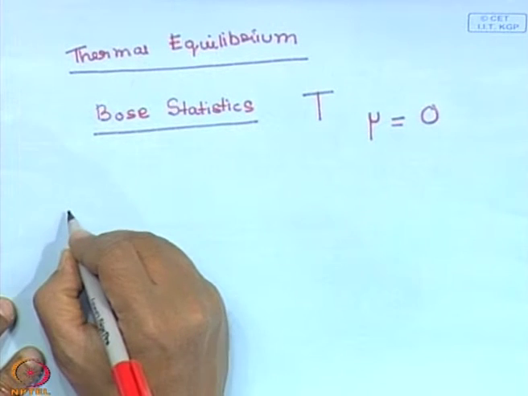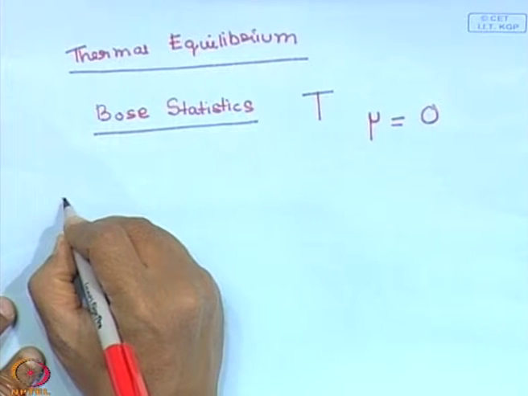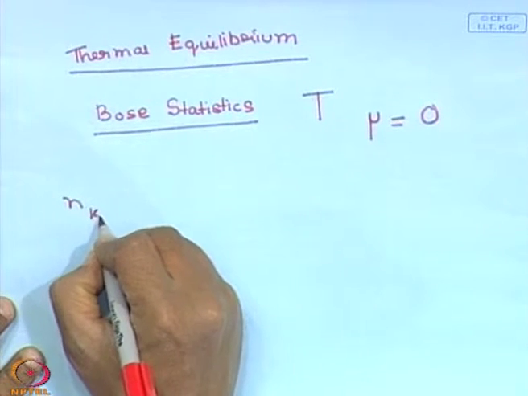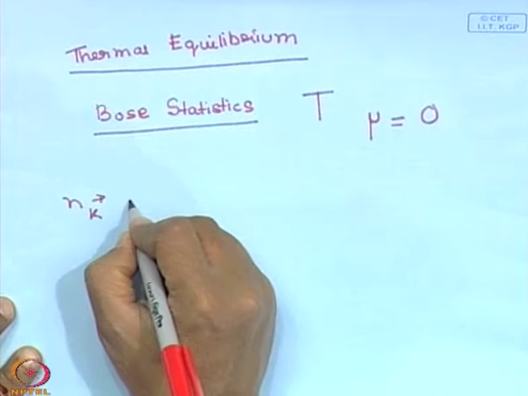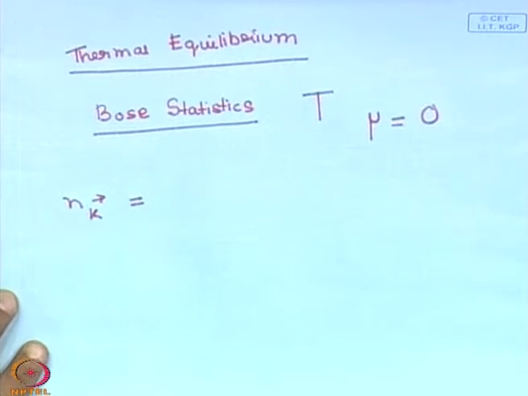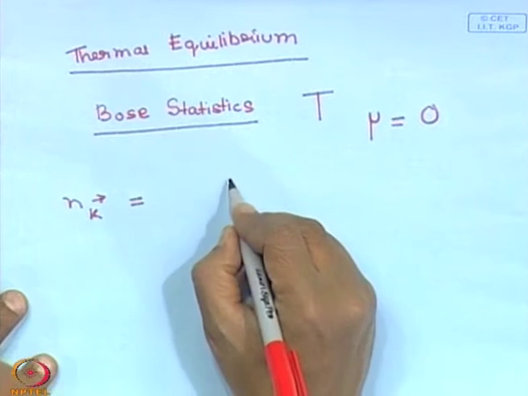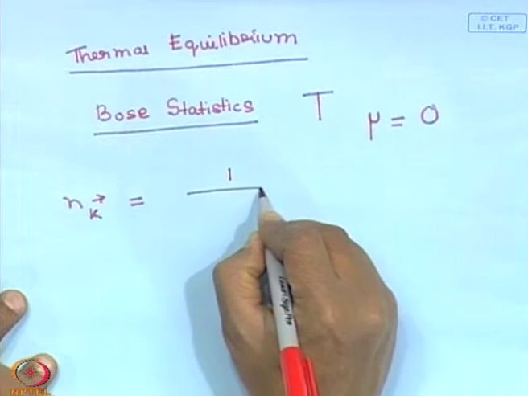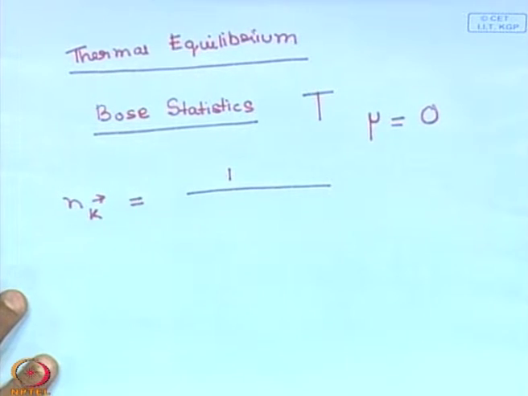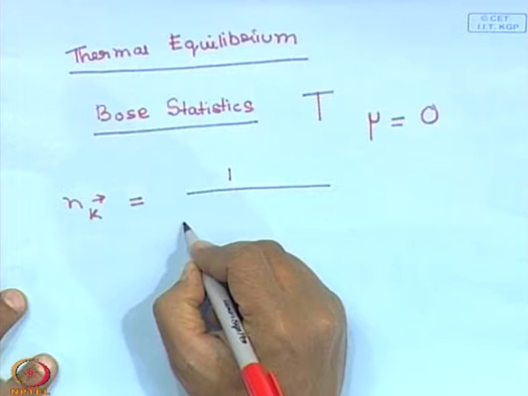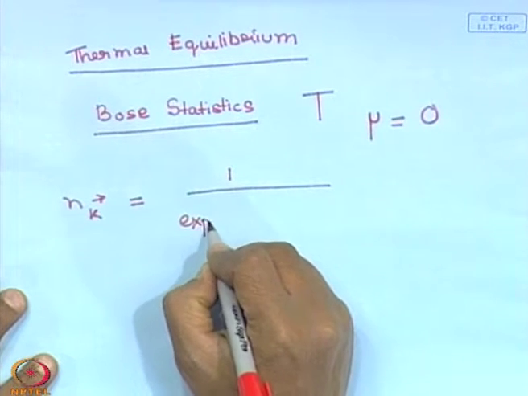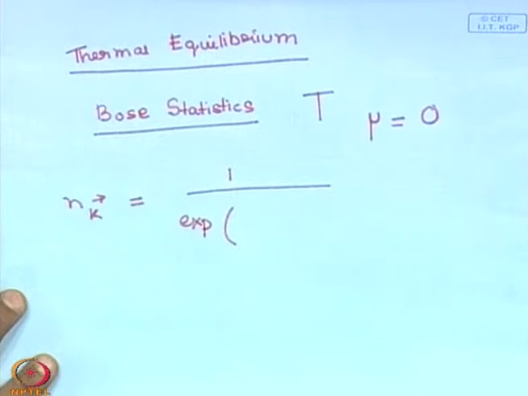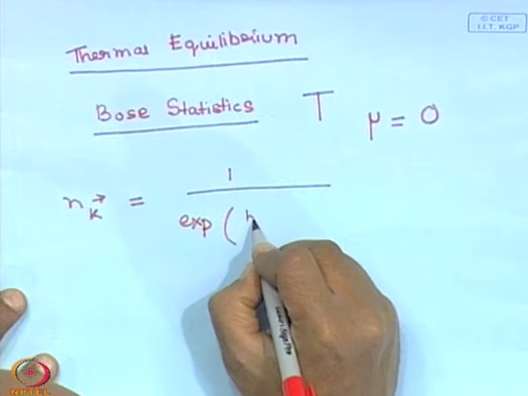And then you can straight away write down the occupation number. In thermal equilibrium, this is isotropic, and it is a Bose distribution with 0 chemical potential. So, it is 1 by exponential of the energy by kT minus 1, and the energy we know is h nu.